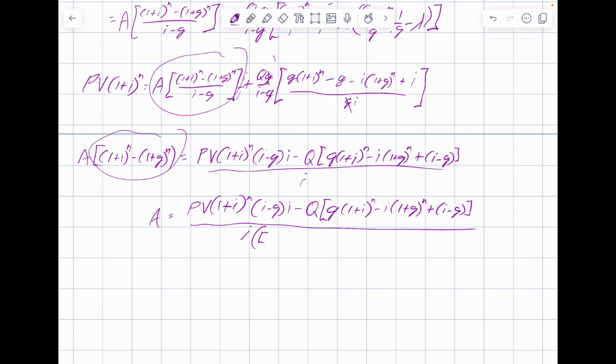Sorry. And actually, let me change it a little bit. Of the square bracket on the outside. 1 plus I to the n minus 1 plus g to the n.